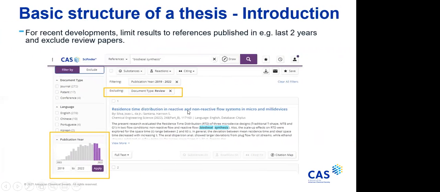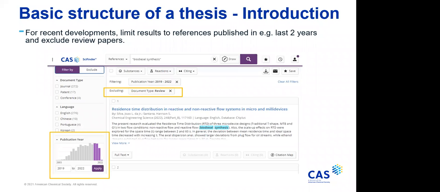Okay. And then the other aspect of introduction, because you will likely be also developing your thesis statement, you'll likely want to focus on the last maybe 2 to 3 years, right? The more recent publications, to really focus in on what has been the new, up-and-coming things happening in your research area, okay?